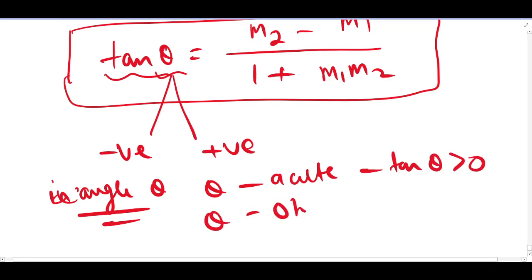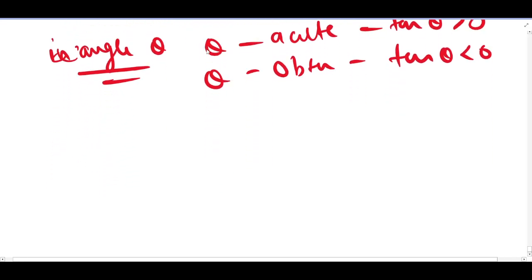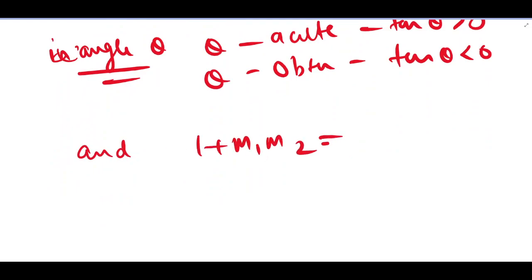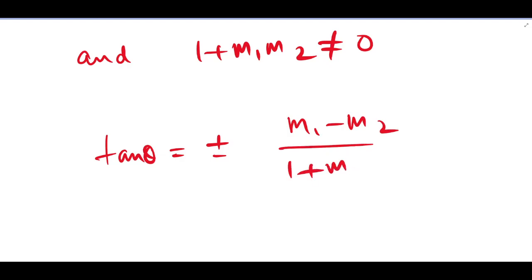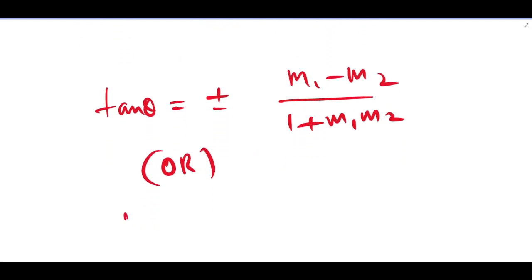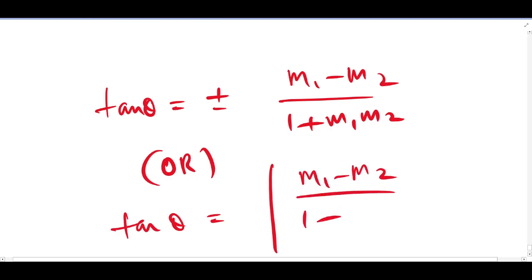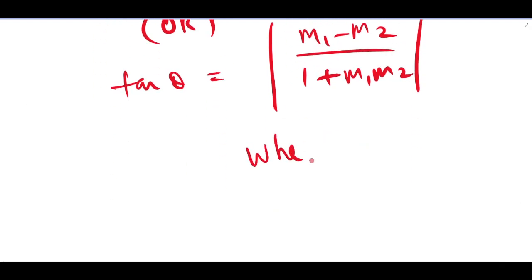If theta is obtuse, then tan theta is less than 0, and 1 plus M1 M2 is not equal to 0. So we can also write tan theta as plus or minus of M1 minus M2 over 1 plus M1 M2, or we can put a modulus sign. Tan theta is equal to the modulus of M1 minus M2 over 1 plus M1 M2, where 1 plus M1 M2 is not equal to 0.